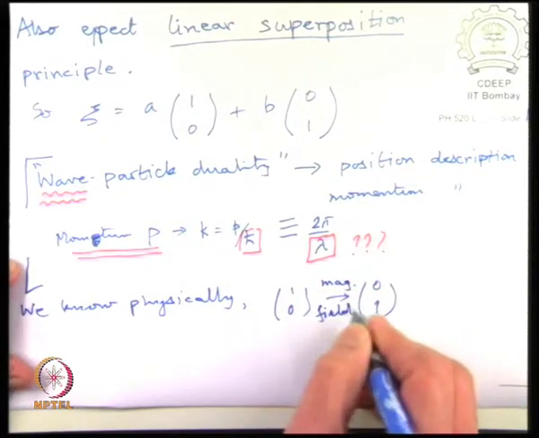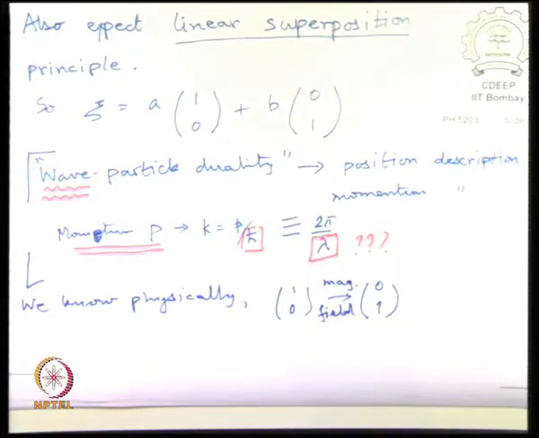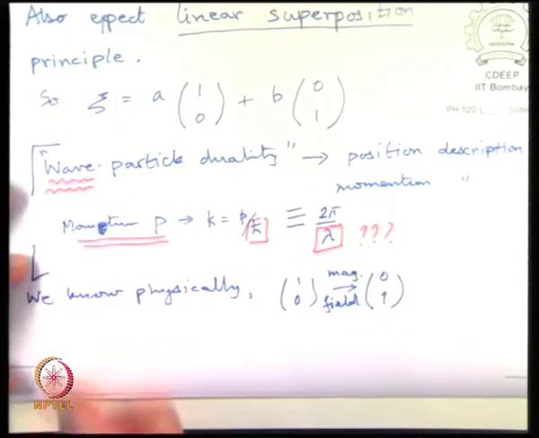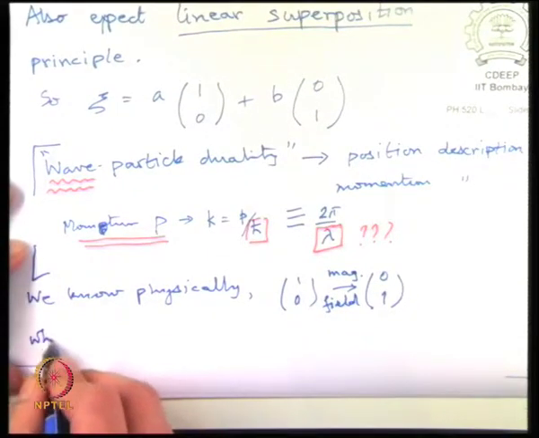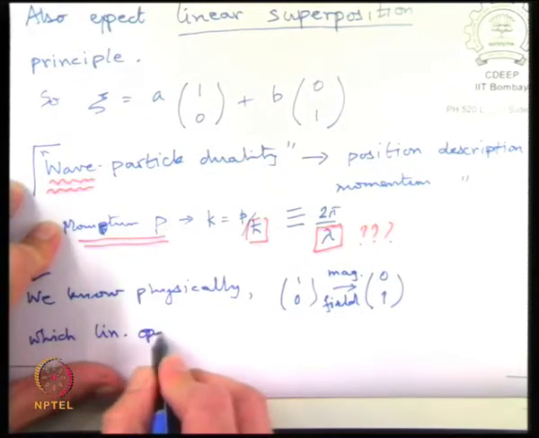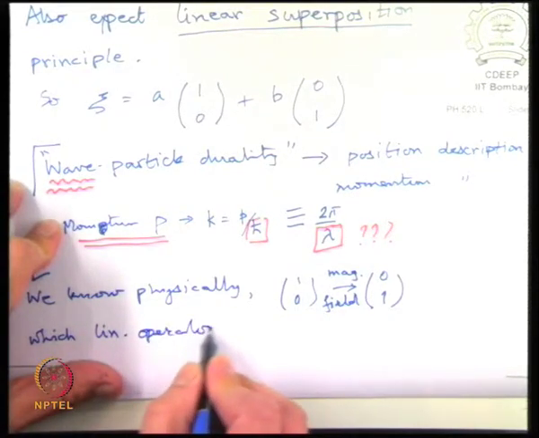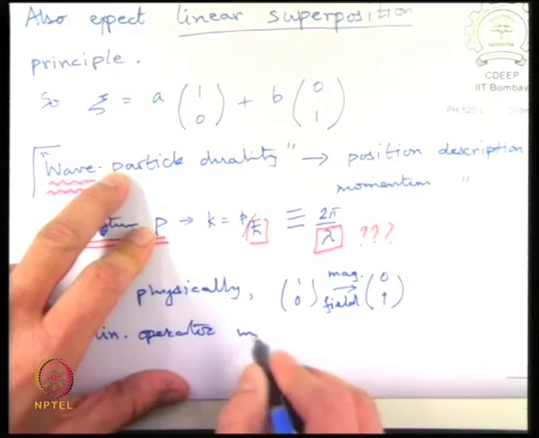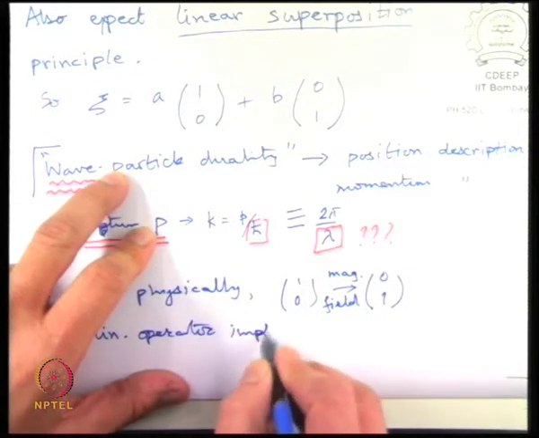If you apply a magnetic field, you can flip the spin. How will you represent this in quantum mechanics? How will you represent it mathematically? Well, it's a linear space, so there should be a linear operator. Okay. So which linear operator implements this?